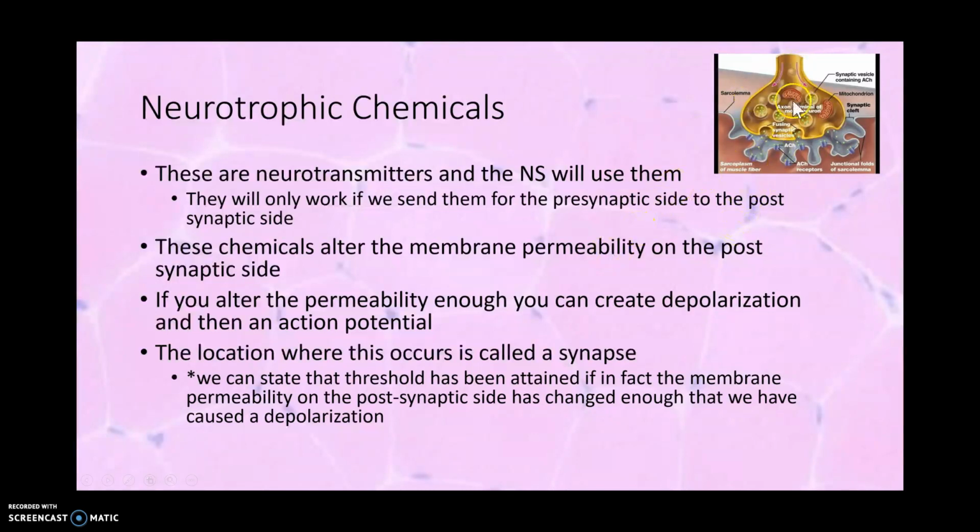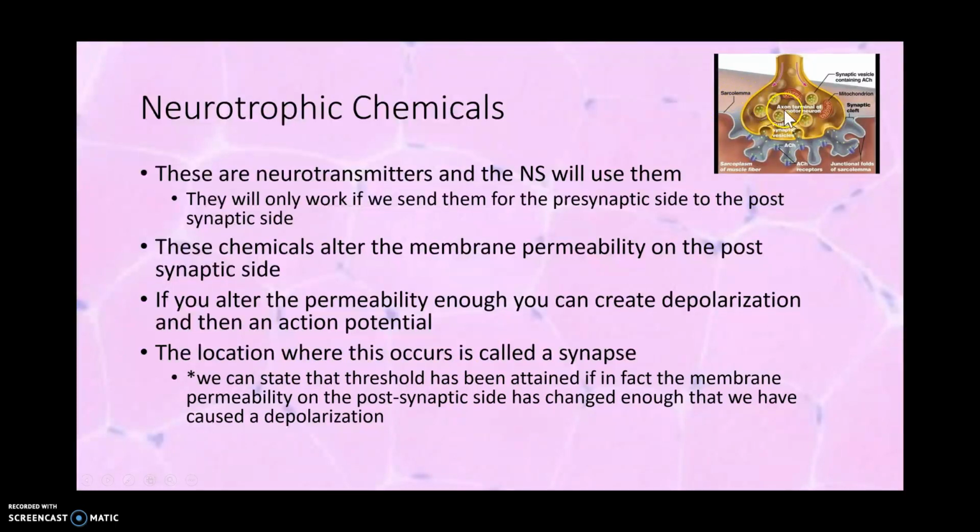So this is how ultimately we're getting down to the muscle cell level in order for us to contract. So if you alter the permeability enough, you can create depolarization on this side. The location where this occurs is called a synapse. So this is a synapse right here.